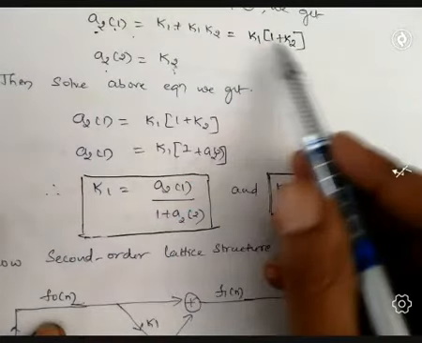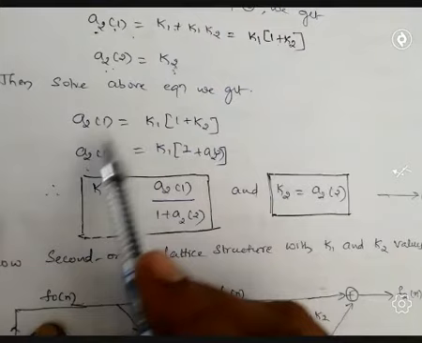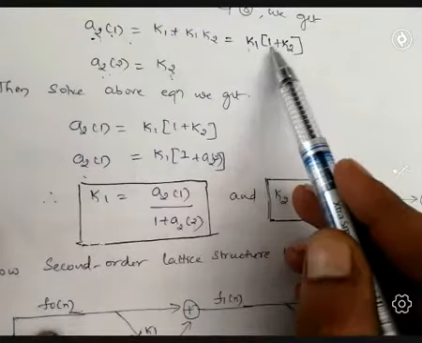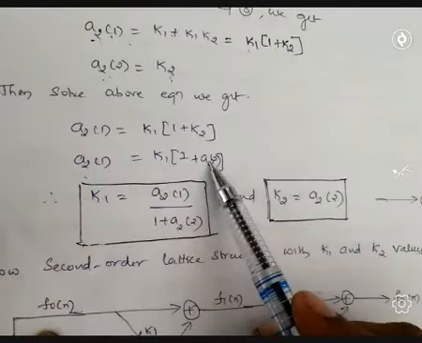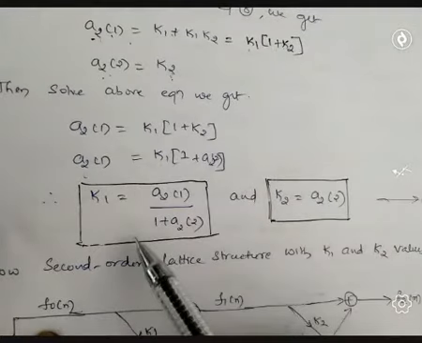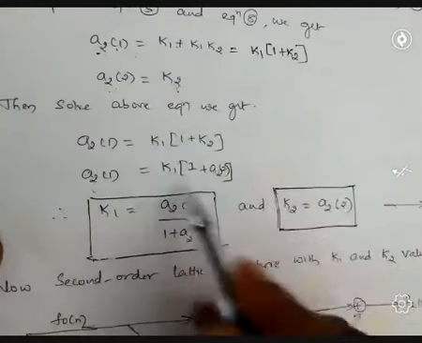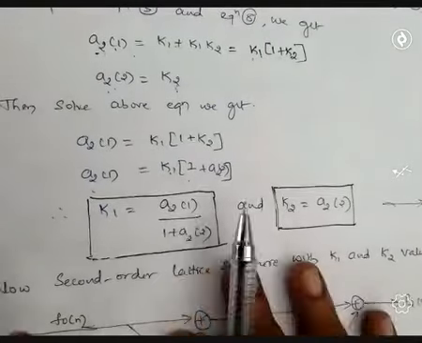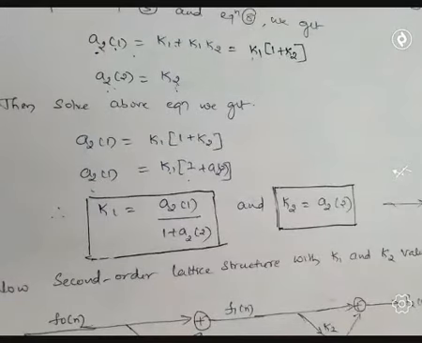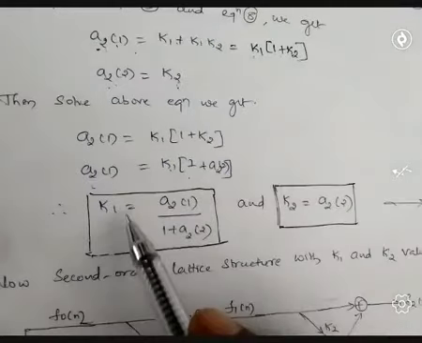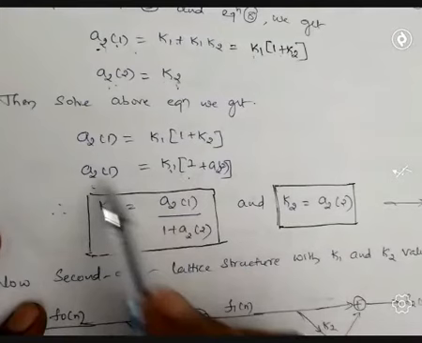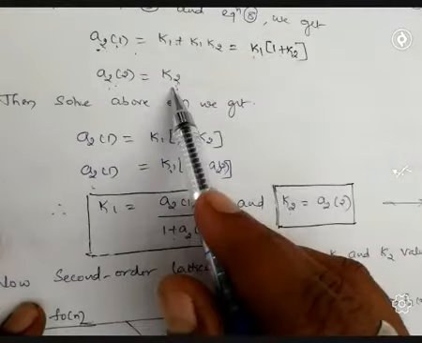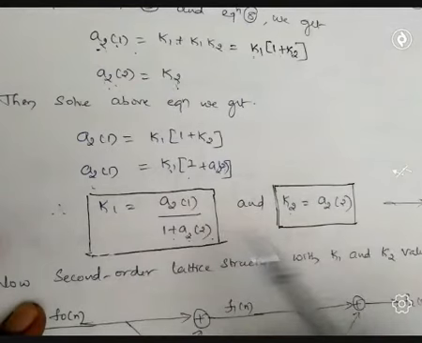Hence we can write a2 of 1 equal to k1 multiplied by 1 plus a2 of 2. So from this equation we calculate k1, because in the lattice structure we sketched k1 and k2 as coefficient terms, correct? So we have to calculate those values. k1 equal to a2 of 1 divided by 1 plus a2 of 2. Similarly k2 equal to a2 of 2. Coefficients k1 and k2 are calculated.